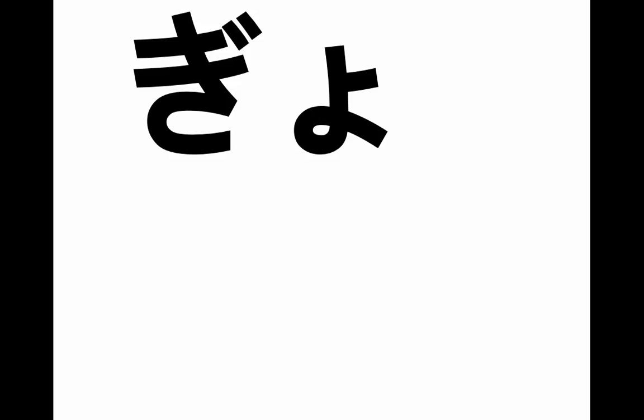Be, de, right? Ri, right? Chi, right? Ki, right? Ho, right? Pi, right? Gi, right? Ge, right? Ga. Ba, there you go, that's ba.